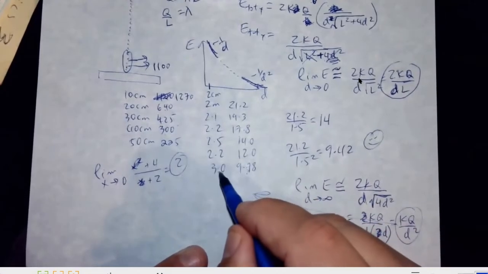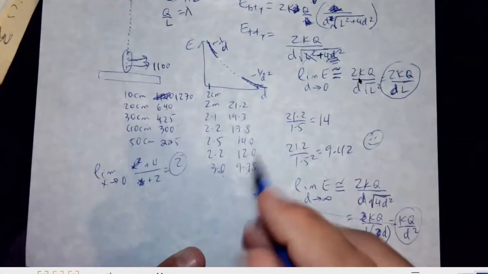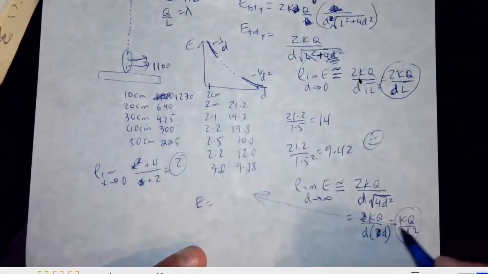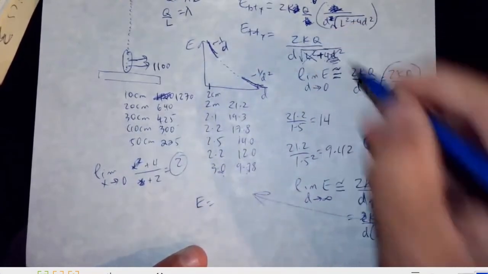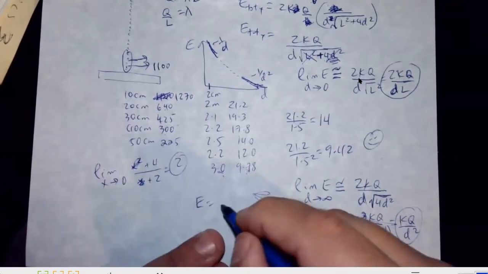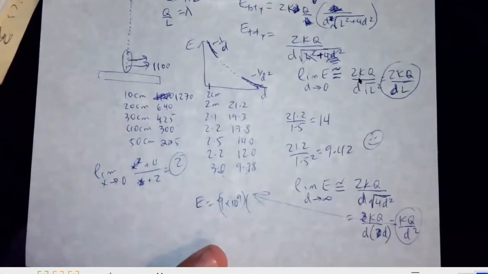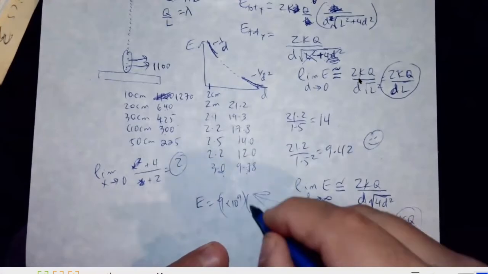If I wanted to find 3 meters away from that rod, what would I do? This is telling me I can replace that equation with this equation, and it'll approximately give me the same answer. 9 times 10 to the 9th. What was the charge on my rod? I put 10 nanocoulombs, I think.